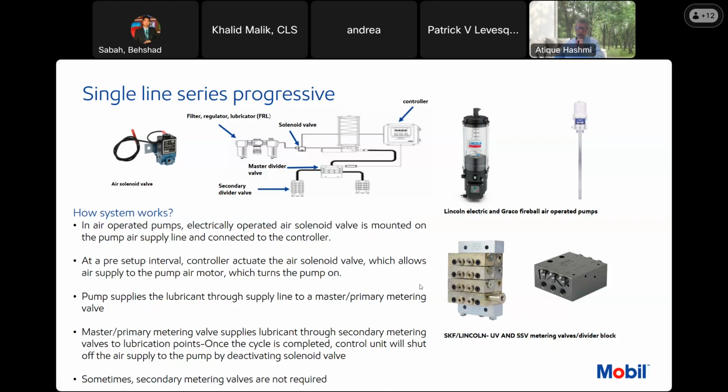They cannot be adjusted. And I'll talk about the quantities, how we select these. And injectors are adjustable, and I'll explain how you can adjust the injectors.